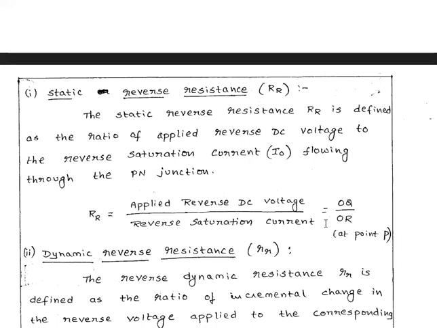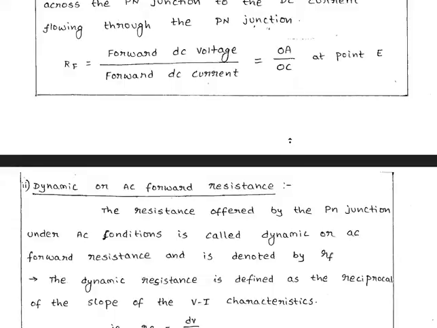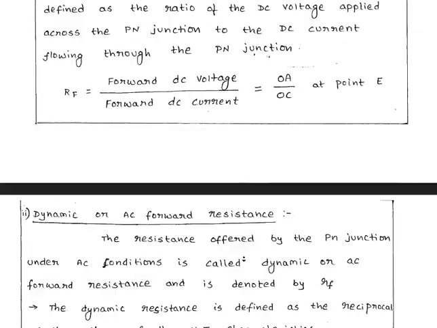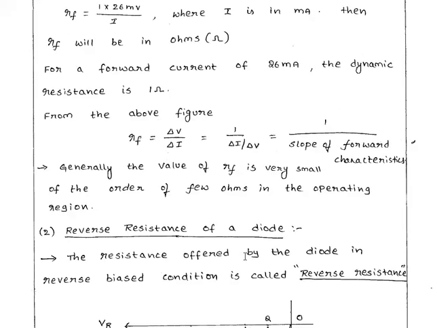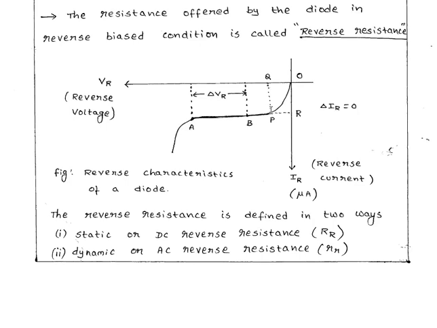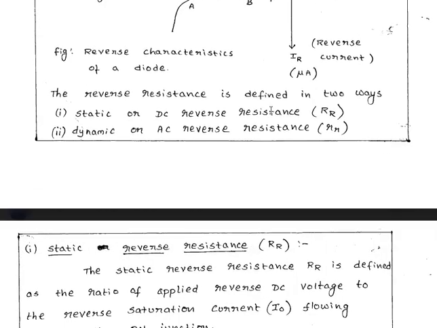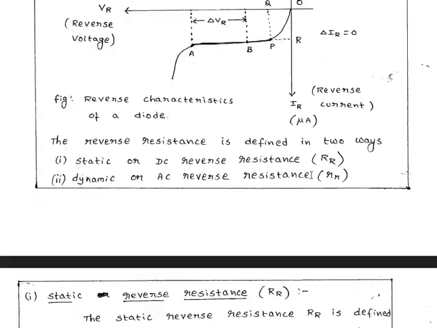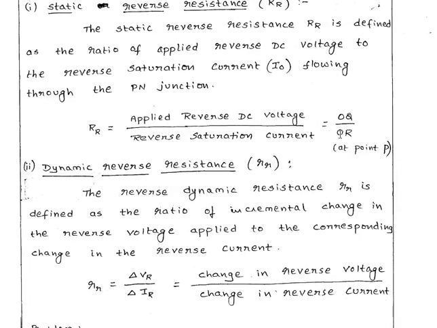From the curve at point P, it will be defined as OQ, the change in voltage, by OR, the change in current. OQ by OR.